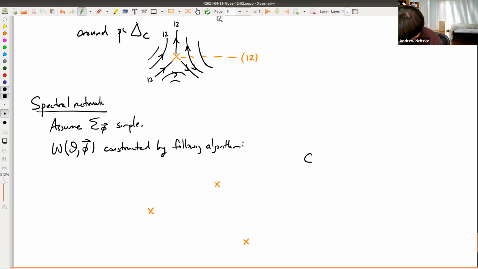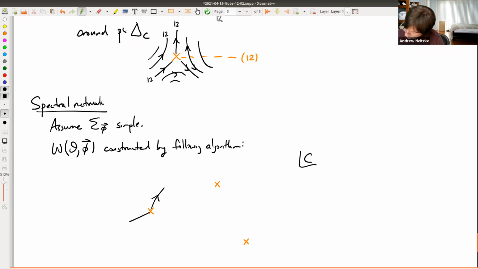So this is a picture on C. These are the points above which the ramification happens. For each one of those, there are three distinguished leaves of the foliation upstairs, but I'll draw the projection of those leaves back down to the base. And those are going to be part of the spectral network.